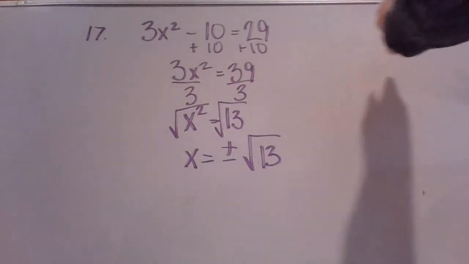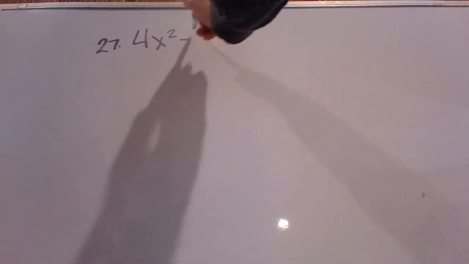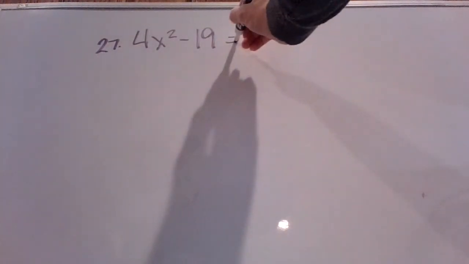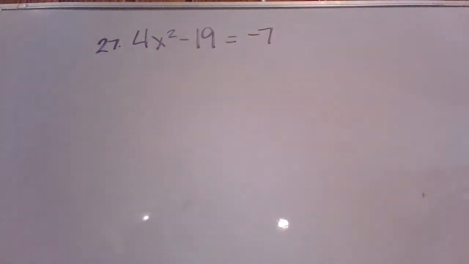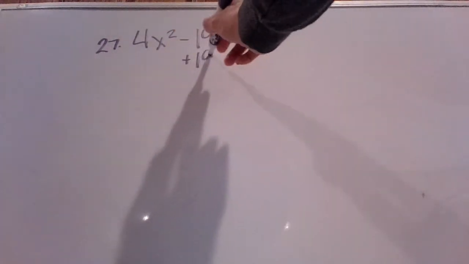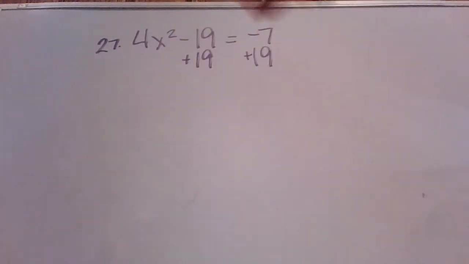Let's look at 27. Number 27 is 4x squared minus 19 is equal to negative 7. I'm going to add 19 to both sides.